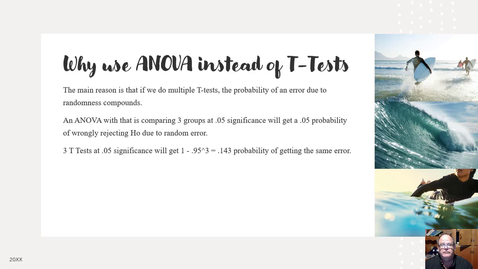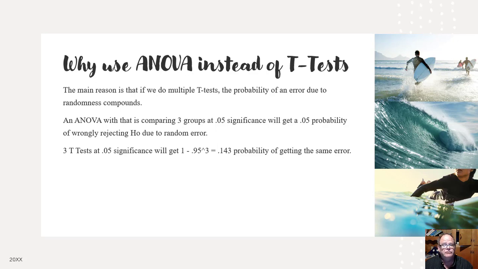The main reason is that if we do multiple t-tests, the probability of an error due to randomness compounds. For example, an ANOVA comparing three groups at a 0.05 level of significance will have a 0.05 probability of wrongly rejecting the null due to random error.